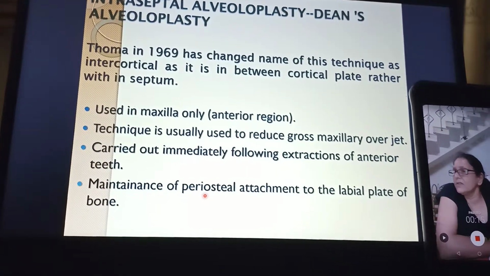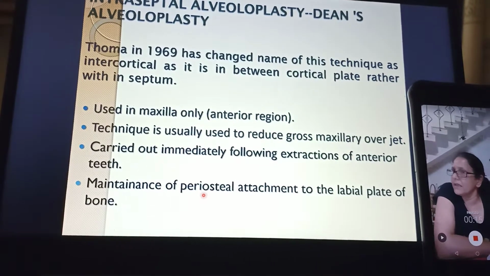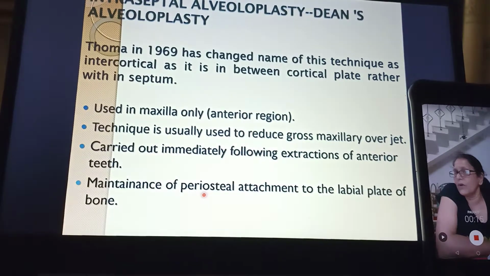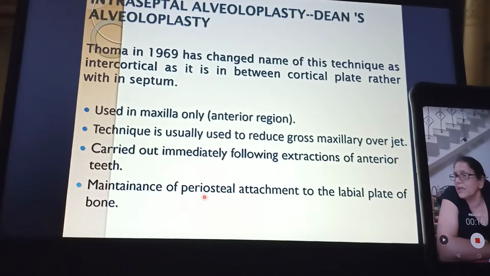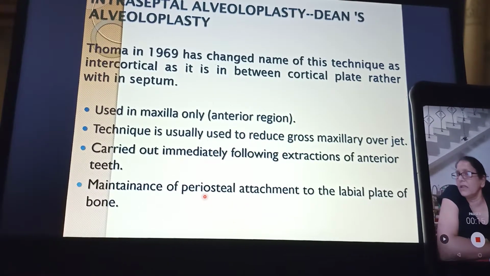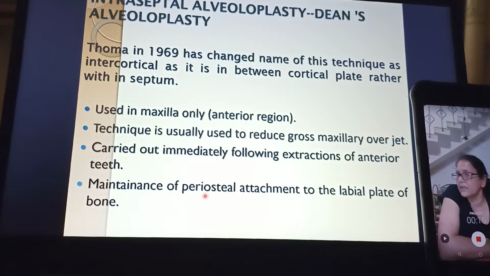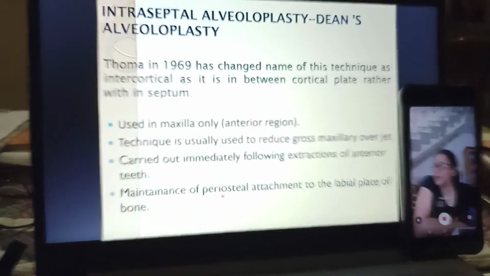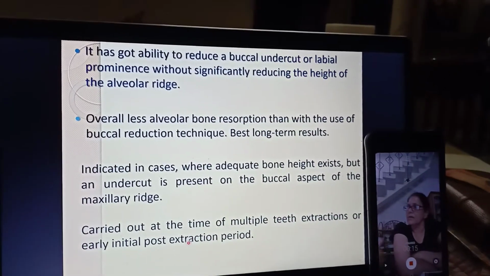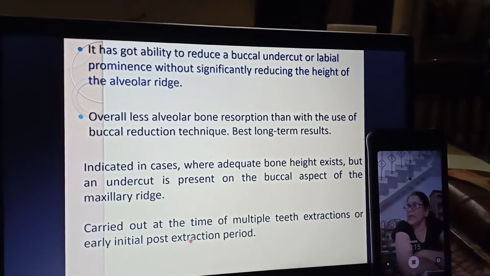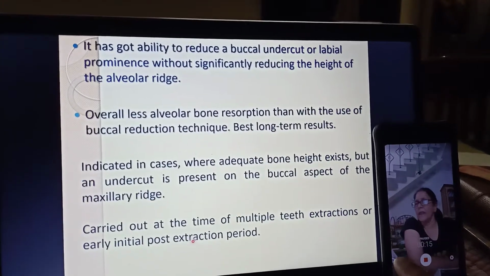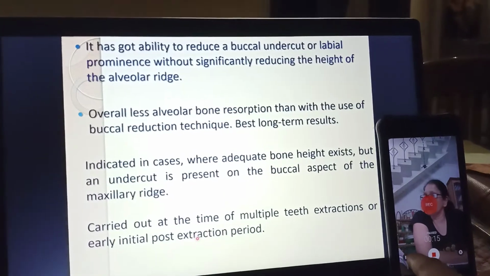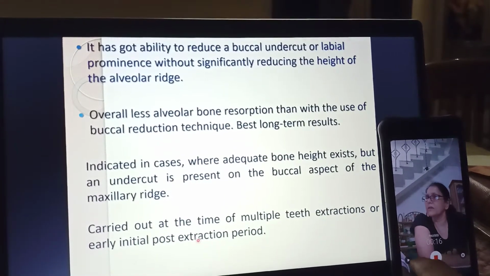So first, it is used in the anterior maxillary region. Second, it is used to reduce gross maxillary overjet, carried out immediately after extraction of anterior teeth. And then maintenance of periosteal attachment to the labial plate is very important. The important indication here is where adequate bone height exists, but an undercut is present on the buccal aspect.